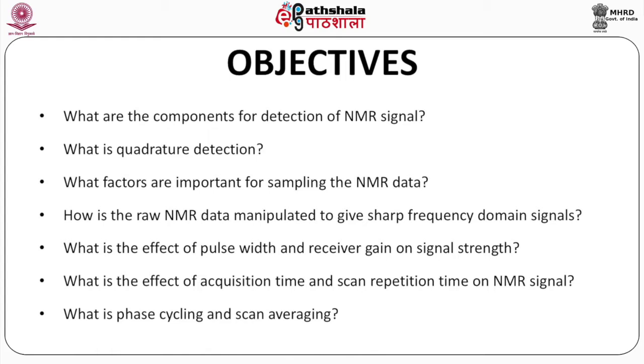What factors are important for sampling the NMR data? How is the raw NMR data manipulated to give sharp frequency domain signals? What is the effect of pulse width and receiver gain on signal strength? What is the effect of acquisition time and scan repetition rate on NMR signal? What is phase cycling and scan averaging?